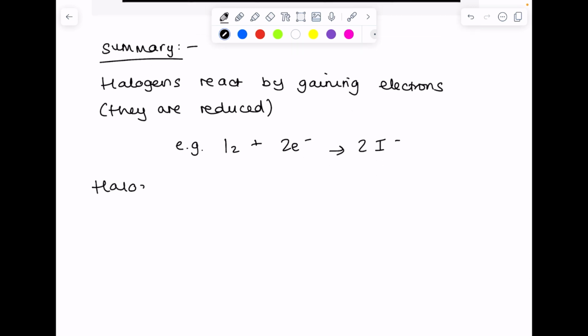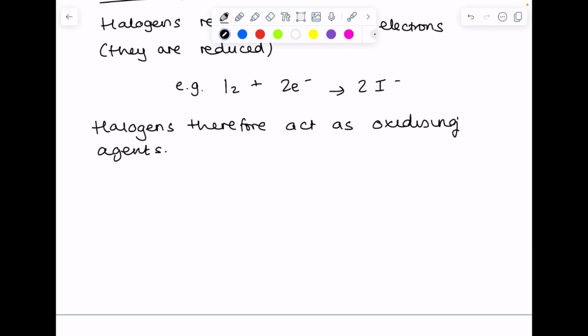Halogens therefore act as oxidizing agents. Remember, I've already said that as you descend the group, the elements become less reactive.